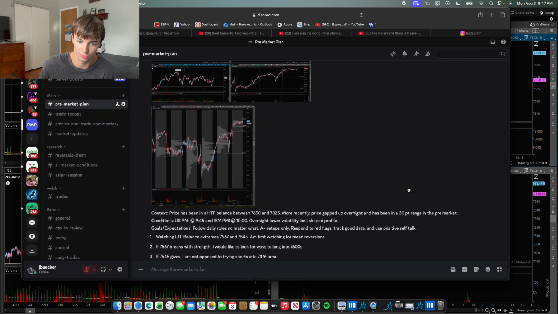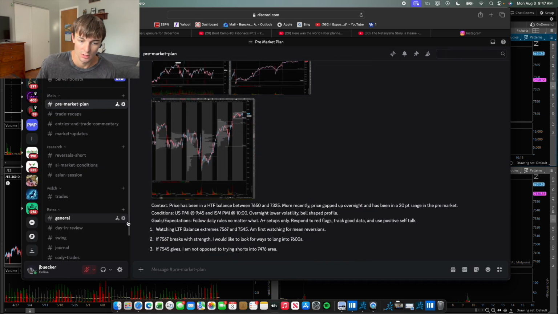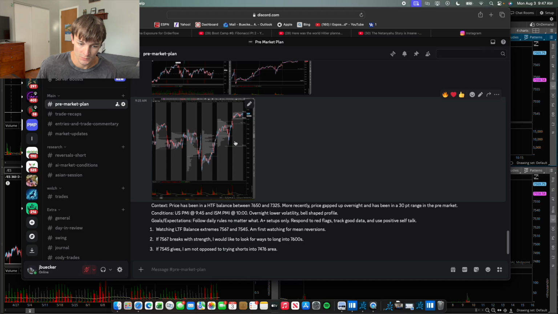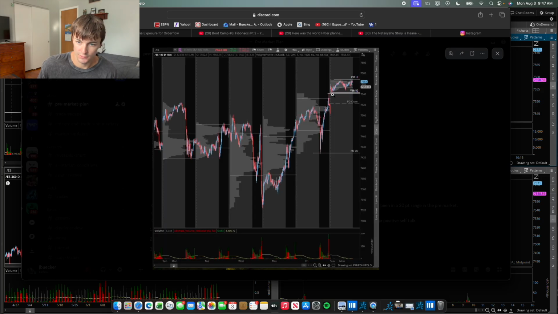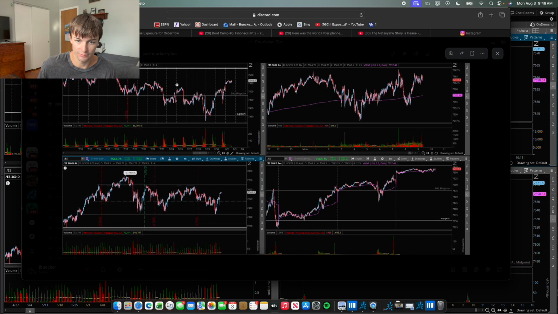But from the intraday perspective, we'd be looking for a trend continuation. So it's all about context, piecing it all together. There's lots of moving parts. And then shorts, if that gave way to the downside, easily looking for this gap fill, and could see more gap fill into the balance midpoint.